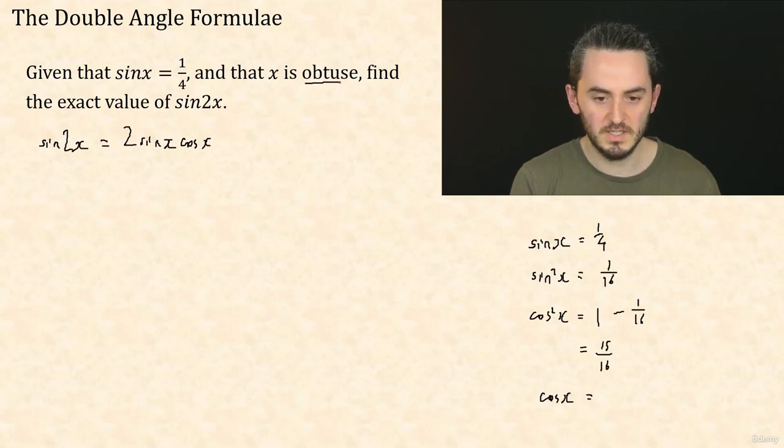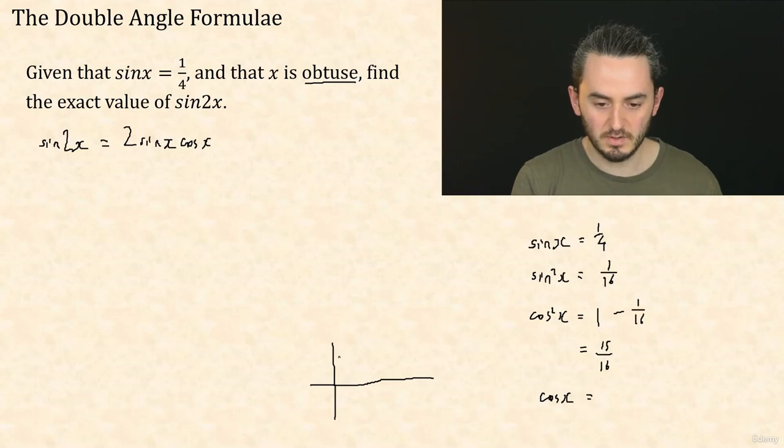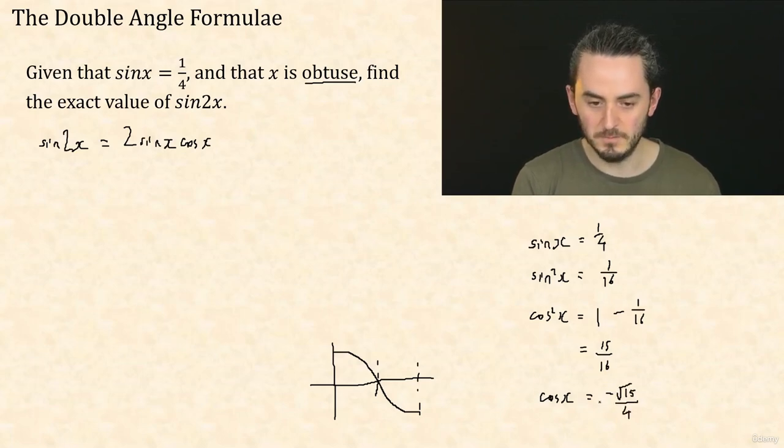Well, here's the clue. x is obtuse. So if I think about the cos graph, I know that cos x is positive between 0 and 90 and then negative between 90 and 180, and that region there, those are our obtuse angles. So it's negative. So it's minus root 15, and the square root of 16 is 4.